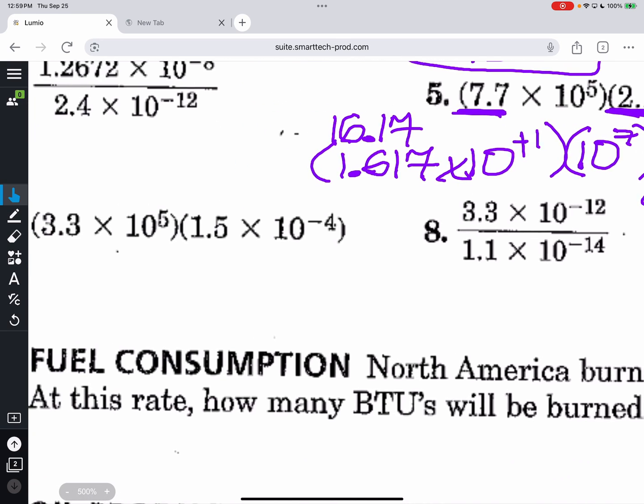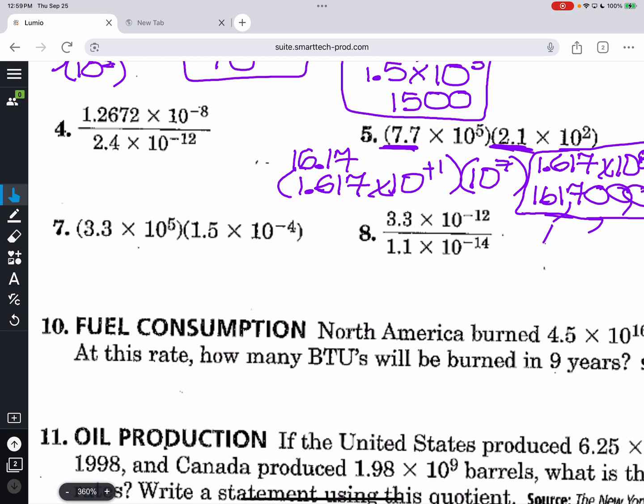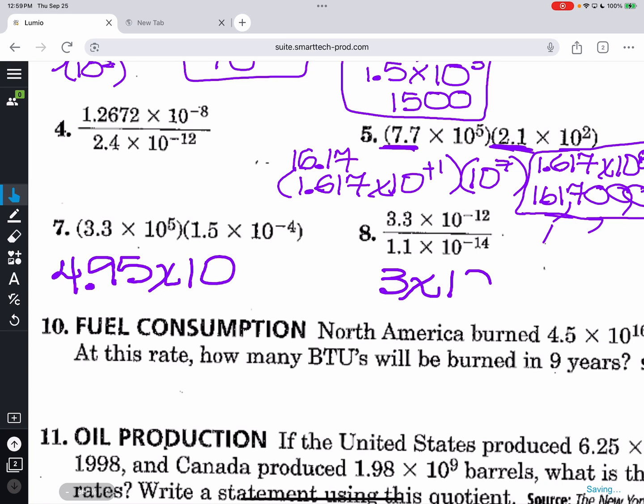You tackle 7 and 8. What's your exponent for number 7? 1.